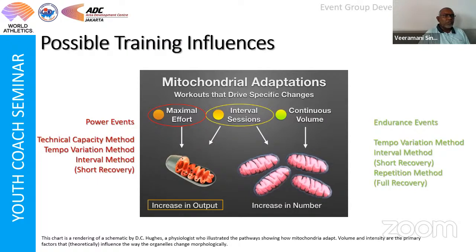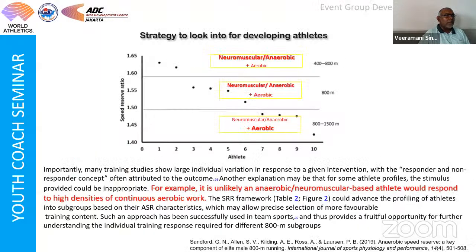An idea, a strategy for us to look at, because there are different profiles of middle distance runners that have been studied. You will have the 400, 800 type, the absolute 800 meter runners, and of course what we call the 800, 1500 meter guys.